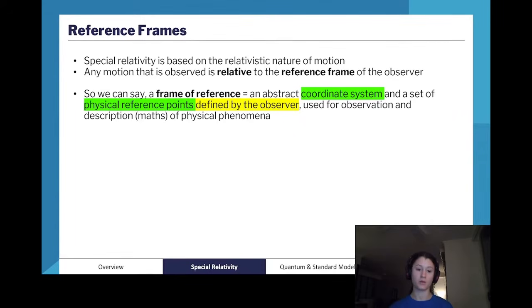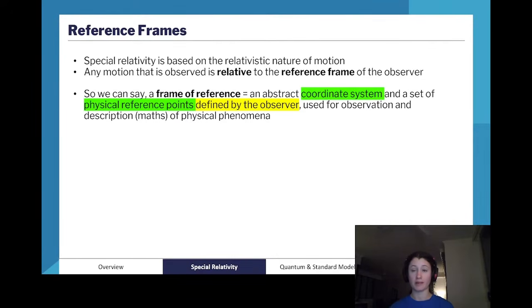So, what we can say is that a frame of reference is an abstract coordinate system and a set of physical reference points defined by the observer, used for observation and description of physical phenomena. This definition kind of sounds like a big, long jumble of words.